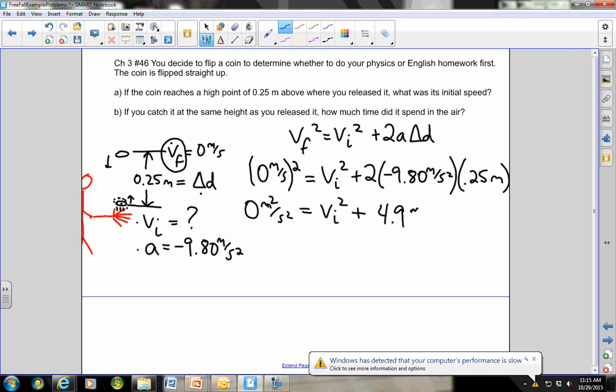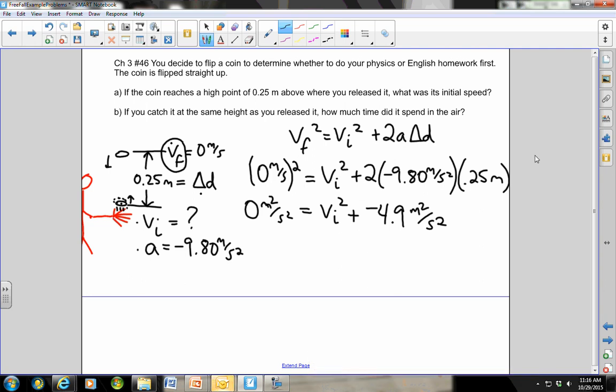Meters squared over seconds squared. All right. Well, oops, sorry, it's negative because of this negative right here in the A. Well then that works out though, because you end up adding 4.9 to each side, which is good, because in this class we're never going to take square root of a negative number. If you ever start to do that, you know you did something wrong somewhere.